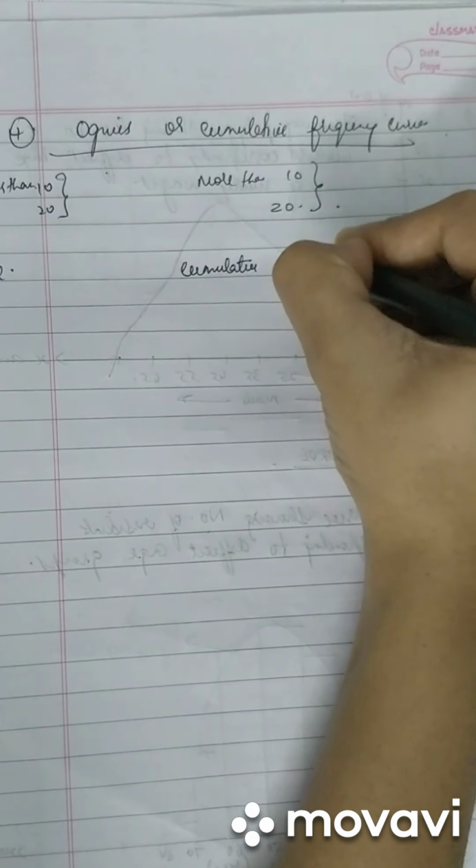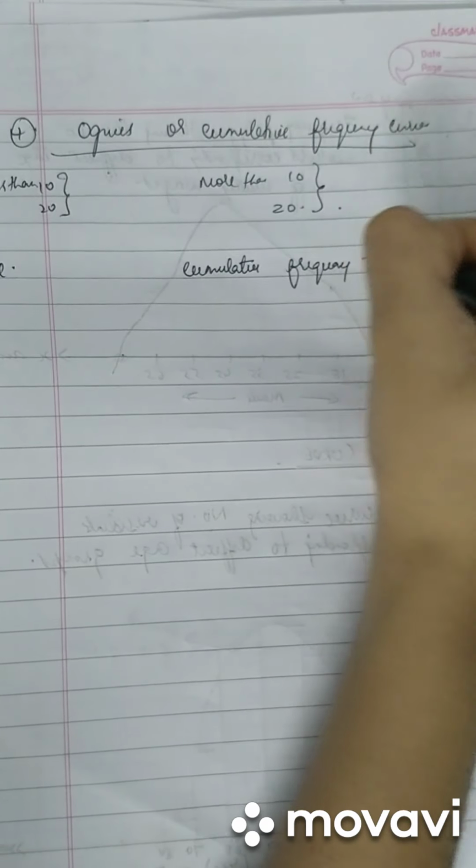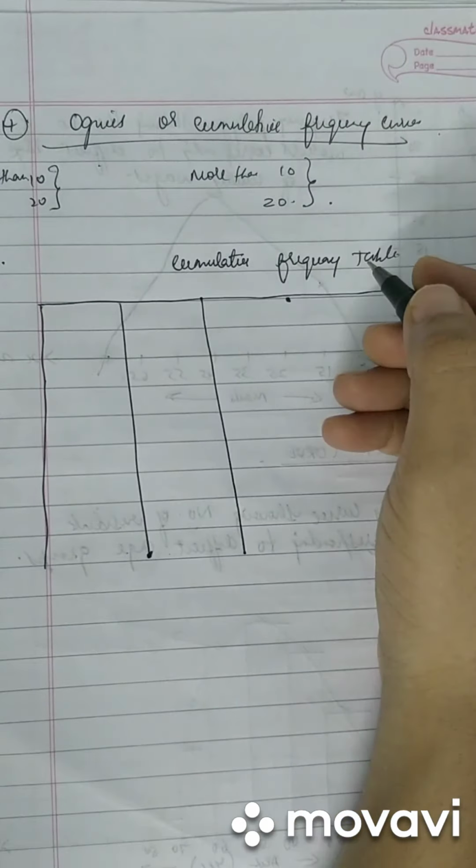Cumulative frequency table. So we will be having 4 columns. First would be marks, then cumulative frequency, then again marks and cumulative frequencies. So first heading would be less than, next we have more than.